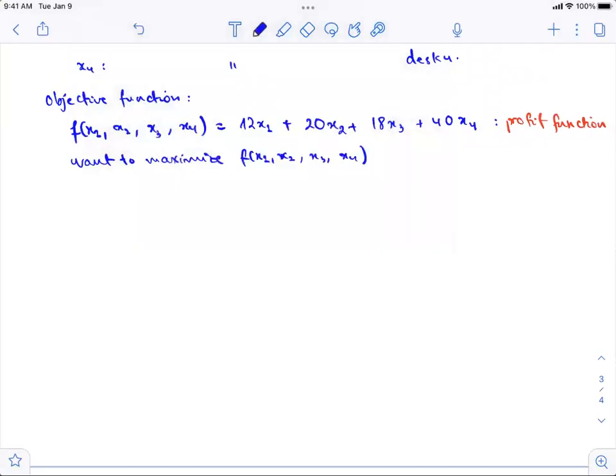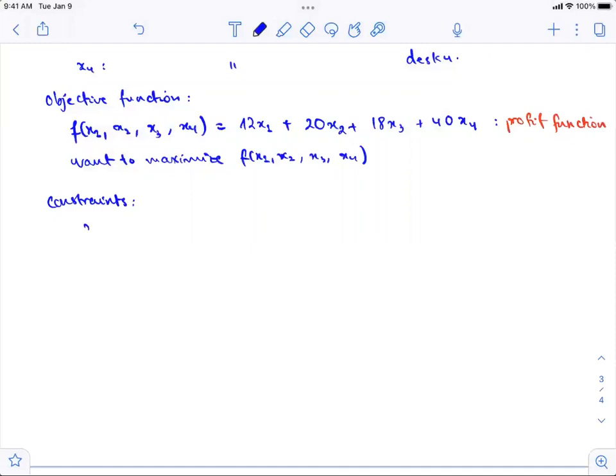Okay, so subject to certain conditions. It depends on the available man hours that you have either in the carpentry shop or in the finishing shop. So the constraints that we need to impose, right off the bat, you need to consider that x1, x2, and x3 have to be non-negative numbers, because you either don't produce any desk or you have to produce a positive number of desks.